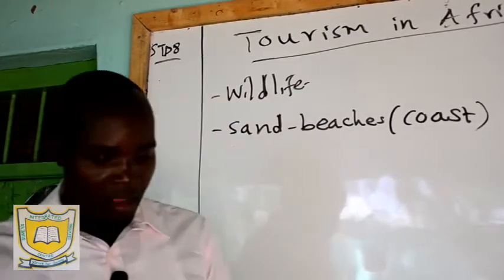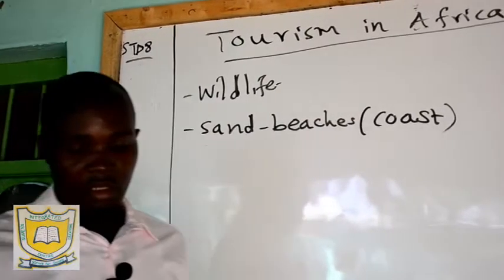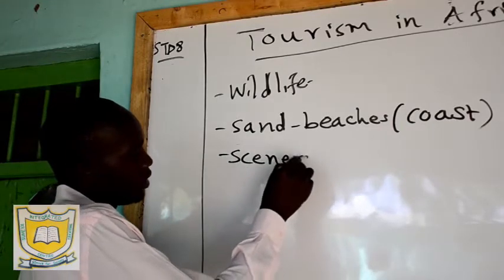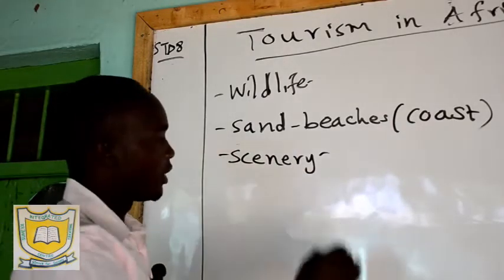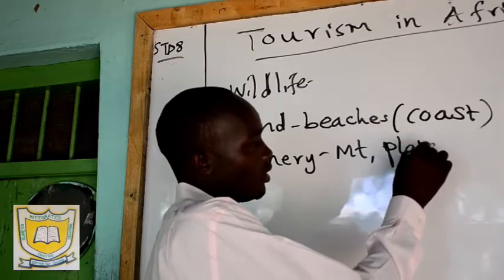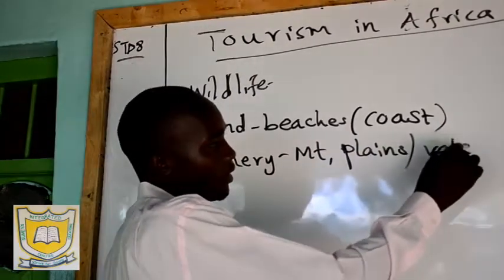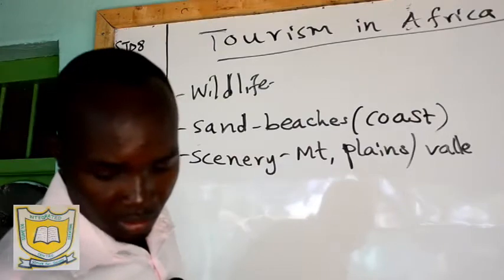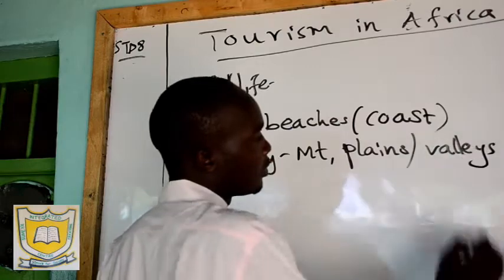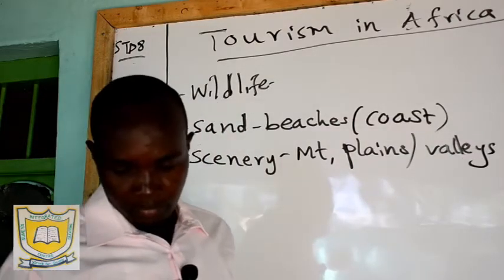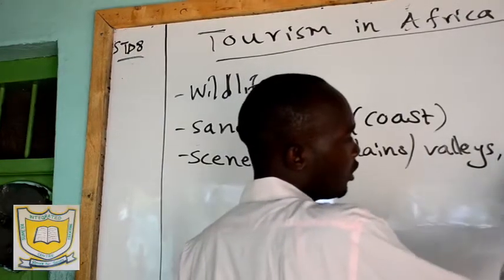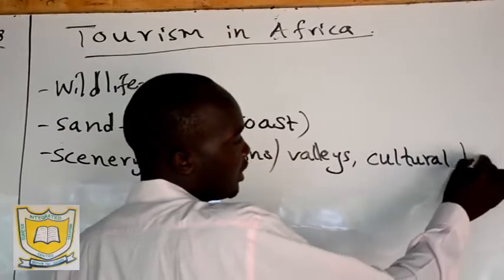So remember that. Then we say also the tourist attraction in Africa, we have what we call the scenery. And we say scenery includes the physical features like mountains. We have mountains, we have plains, we have also the valleys, and then we have another one, cultural heritage.